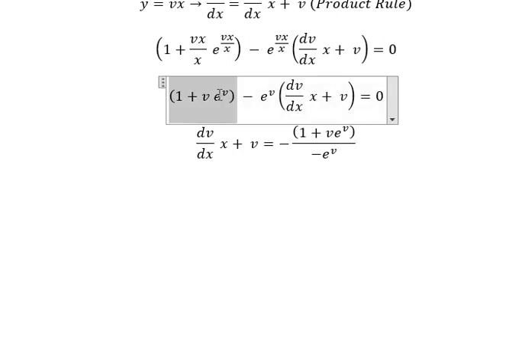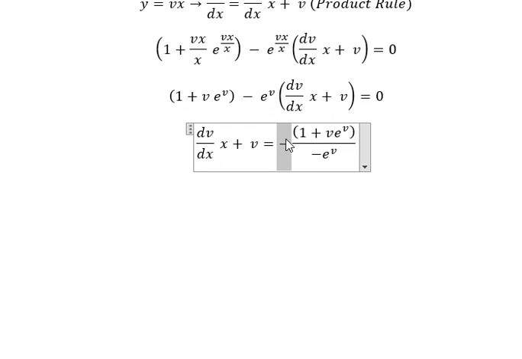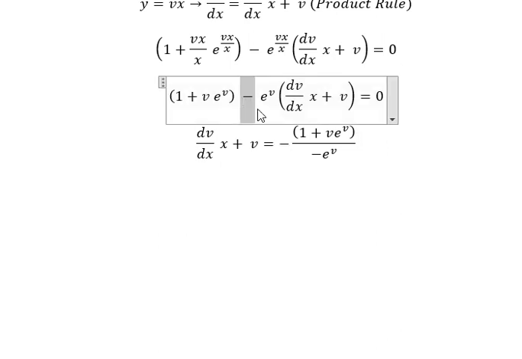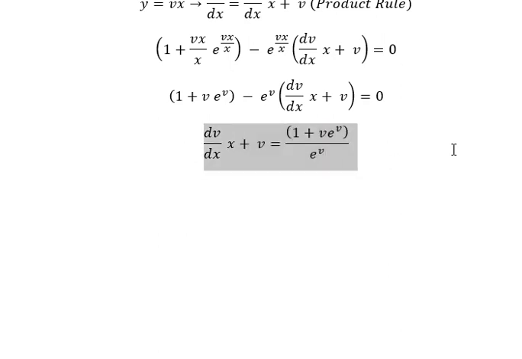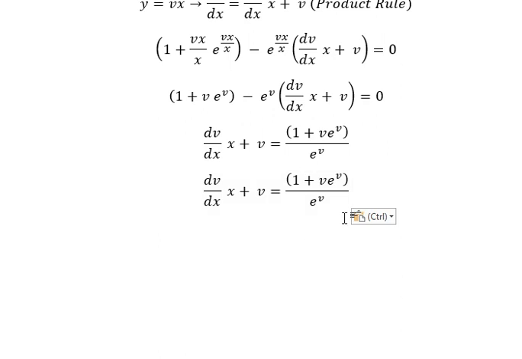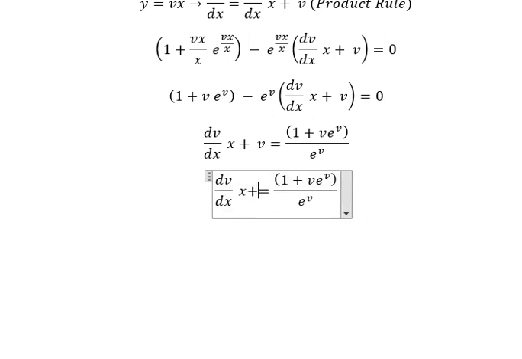Because we move this one to the right, that's why we have the negative sign. The negative goes to here. This one divided by this one, we have positive. So v I will put on the right, and we have negative v.